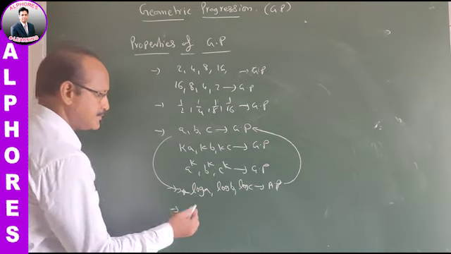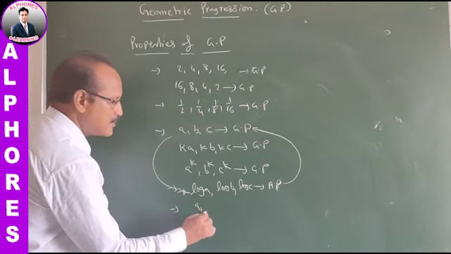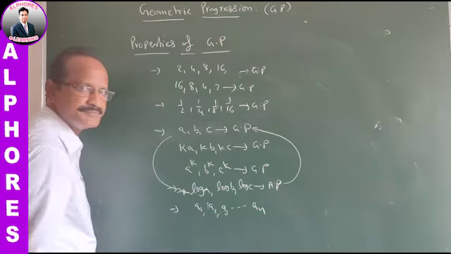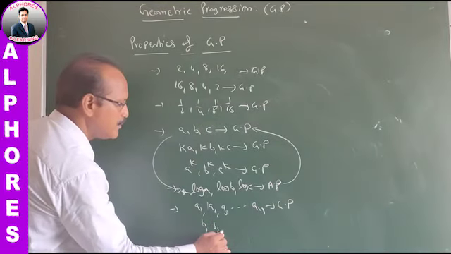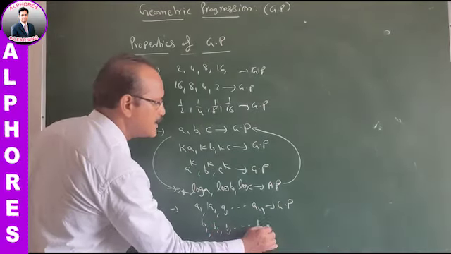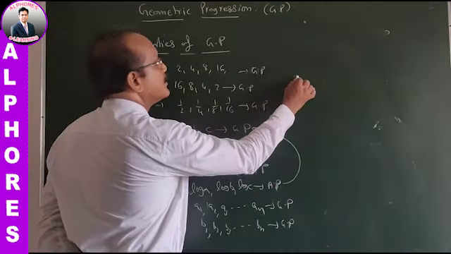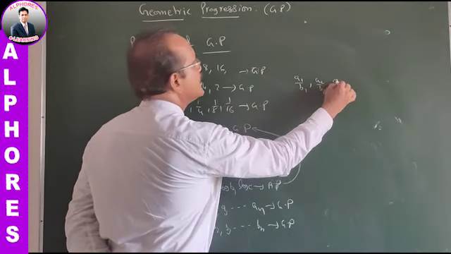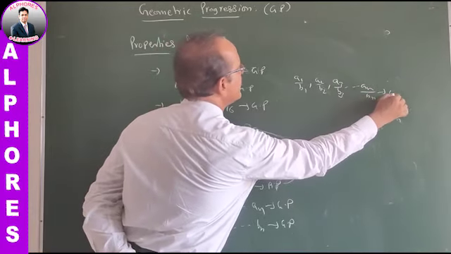Then next point. If A1, A2, A3, so on AN is in GP, and B1, B2, B3, so on BN is in GP, then A1 by B1, A2 by B2, A3 by B3, AN by BN is also in GP.